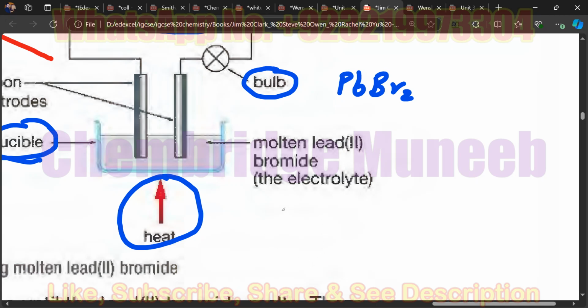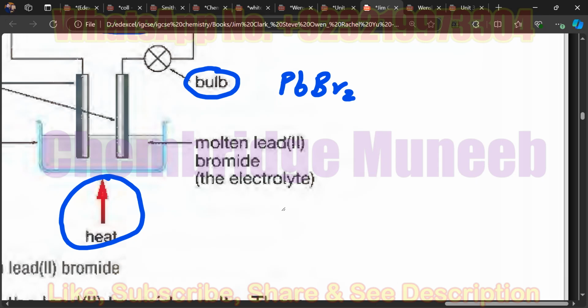Yes. Now move to the second part. We knew that the PbBr2 also produces the bromide ions along with the lead-2 ions. Now this negatively charged ion must move towards the positively charged electrode.